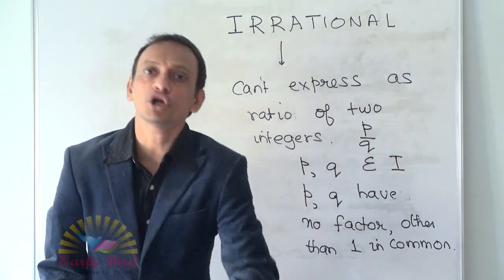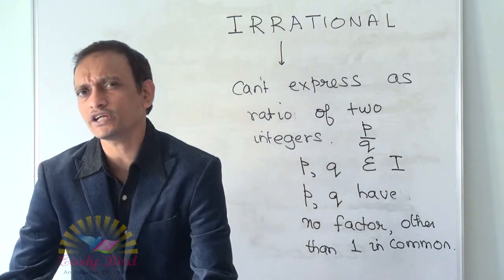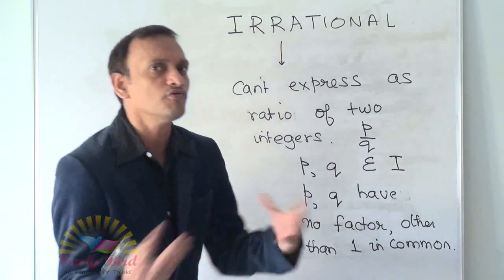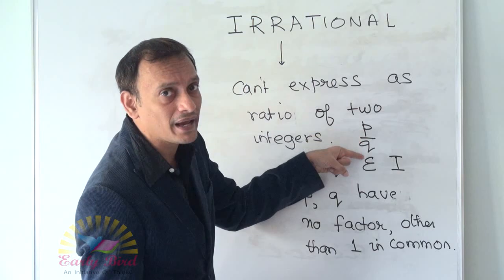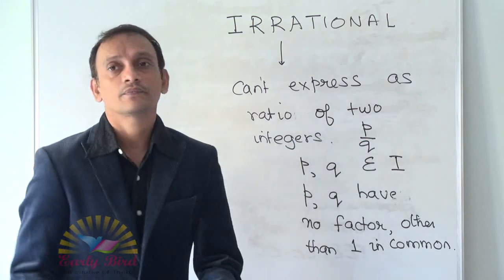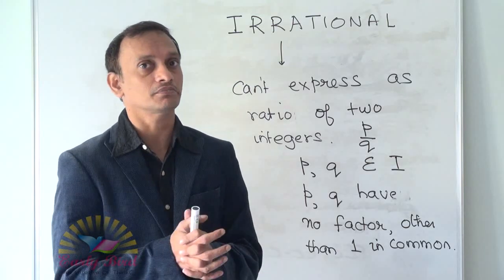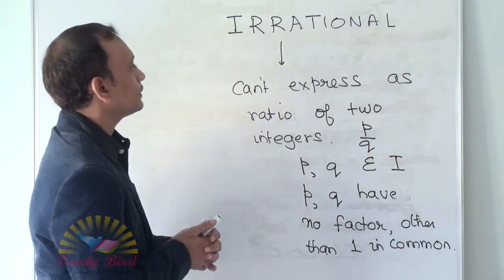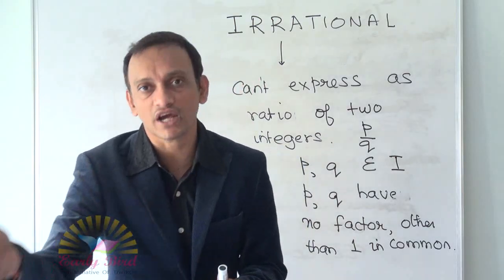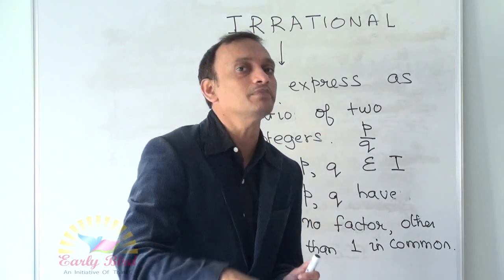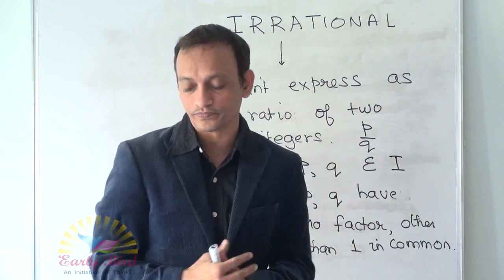And therefore, if you cannot express a number in the form p by q, as a ratio of two integers, and especially as a ratio of two co-prime integers, then the number would be referred to as an irrational number. Now, being able to express a number in the form p by q is an easy check. But not being able to express a number in the form p by q is not that easy a check.